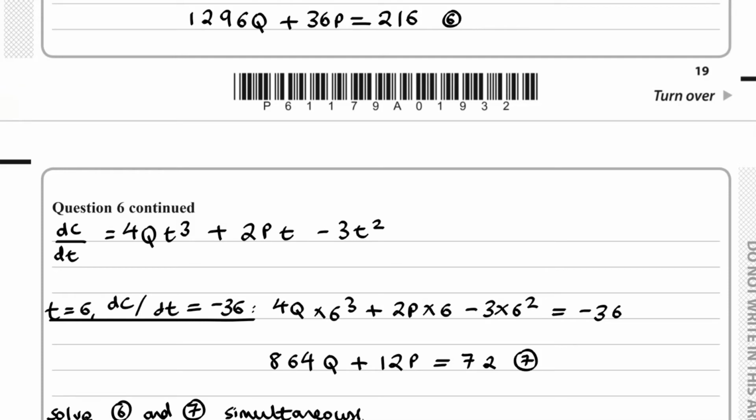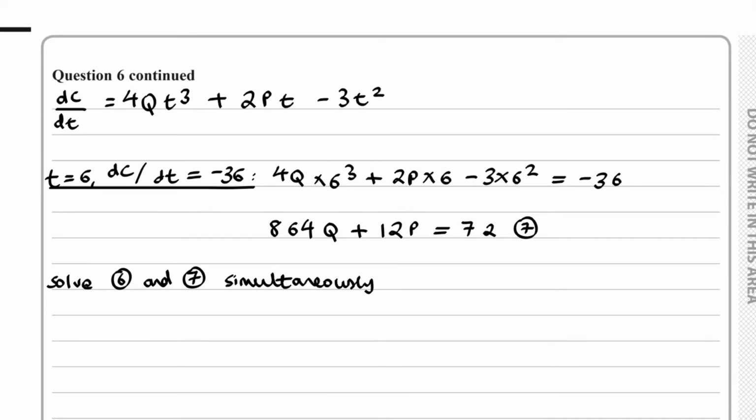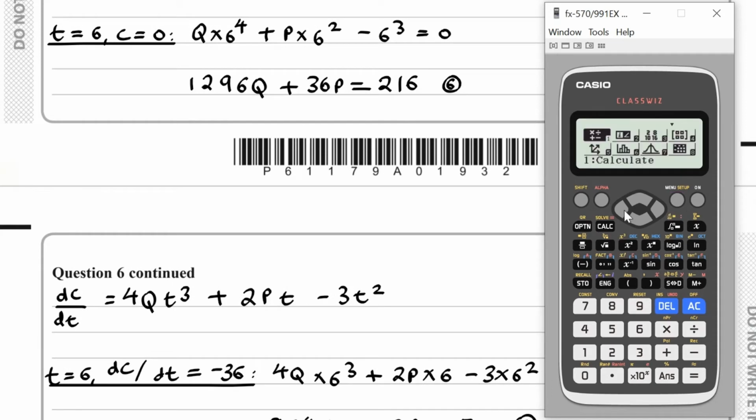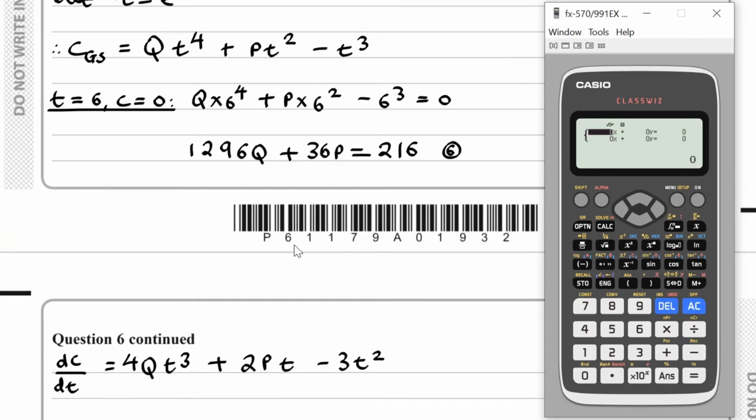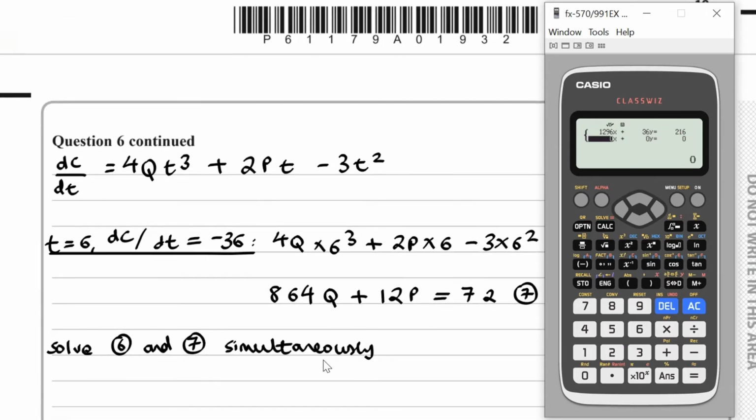If we go to the simultaneous equation solver, we have 1296, 36, 216, and then here we've got 864, 12, 72.